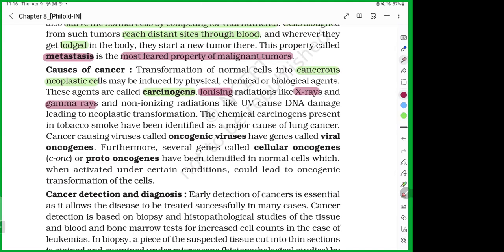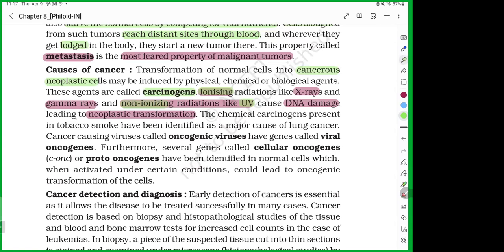And non-ionizing radiation like UV can damage DNA and can lead to transformation. A question can be asked: ionizing radiation is X and gamma, non-ionizing is UV. Very, very important. All damage DNA, cause mutation in DNA, and neoplastic transformation means cancer.